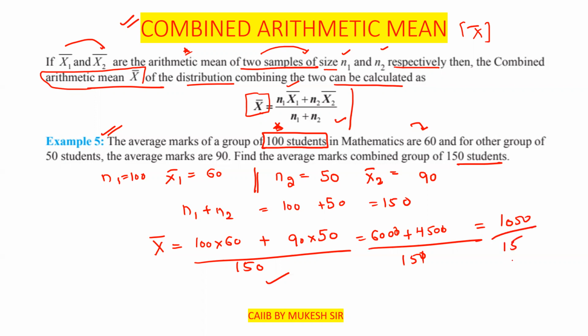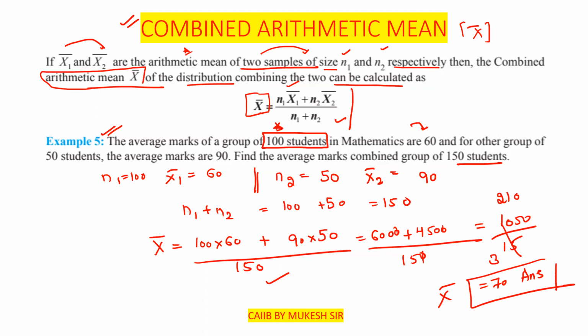Cancelling by 5, we get 210 upon 3, which comes out to be 70. So 70 is the answer, x bar is 70. Please tell me quickly, is it clear to all of you regarding the average marks?